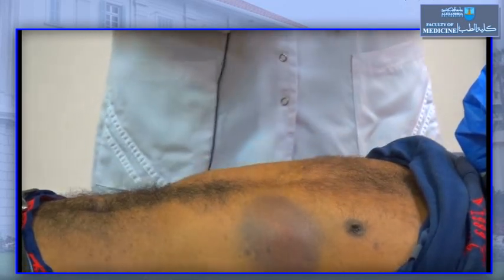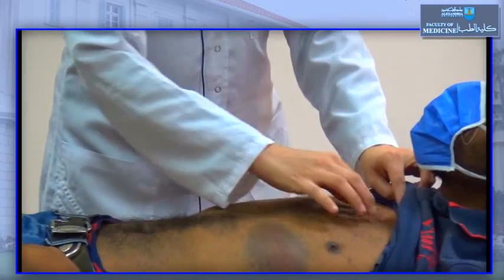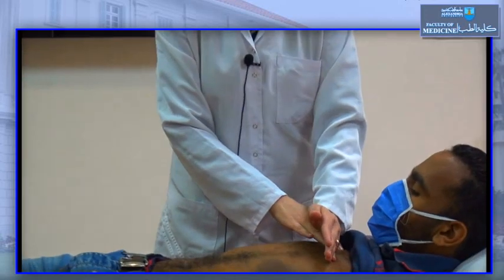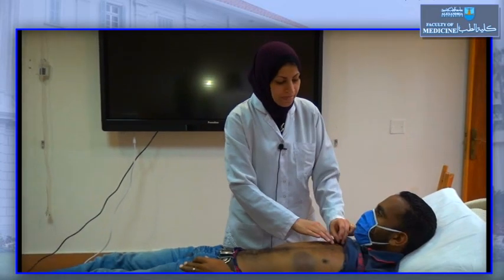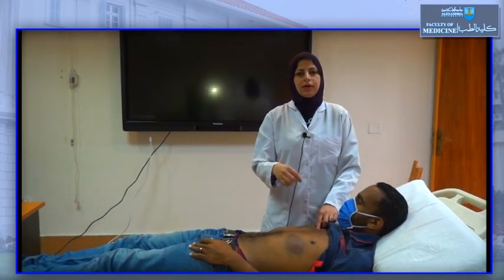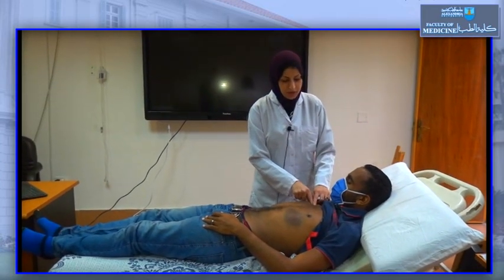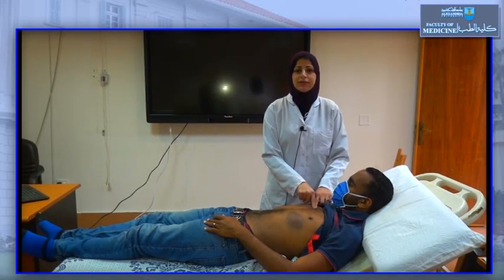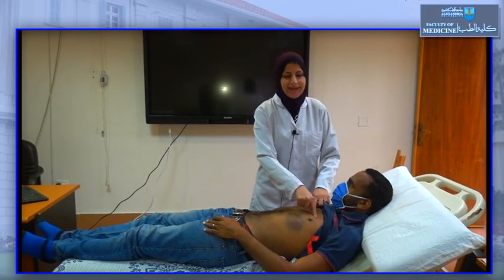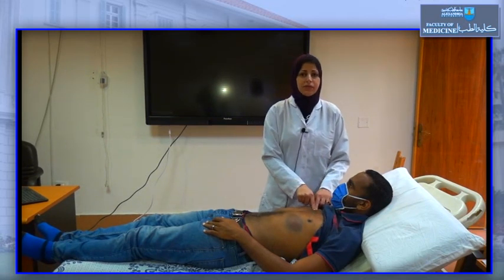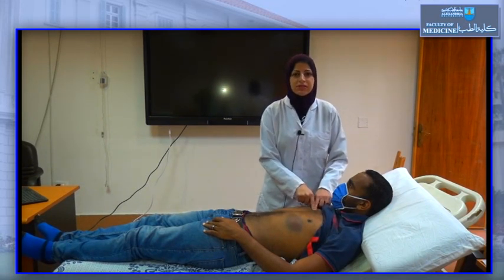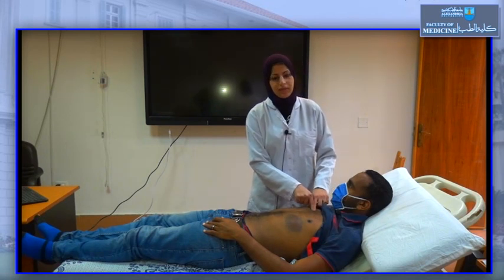How to percuss? First, we will start with percussion of the base of the heart, or the upper border of the heart, called the base of the heart. This is by percussion on right second intercostal space and left second intercostal space. Right second intercostal space called aortic area.